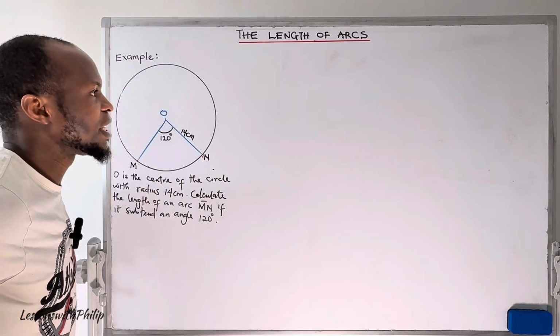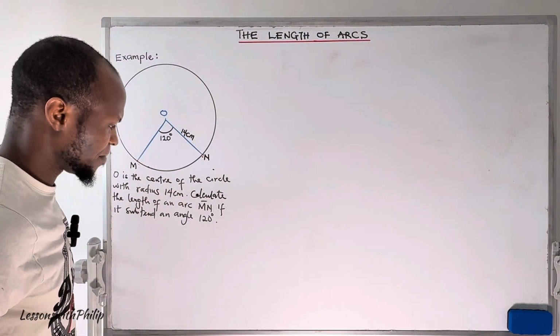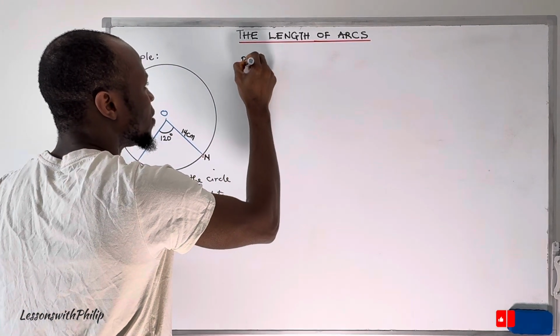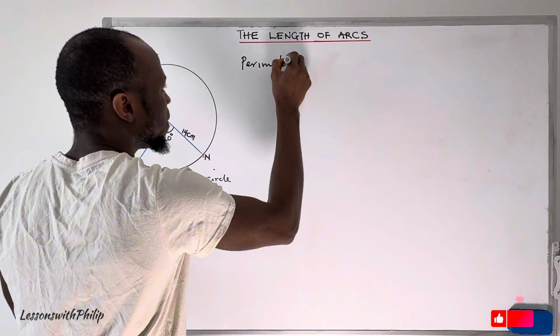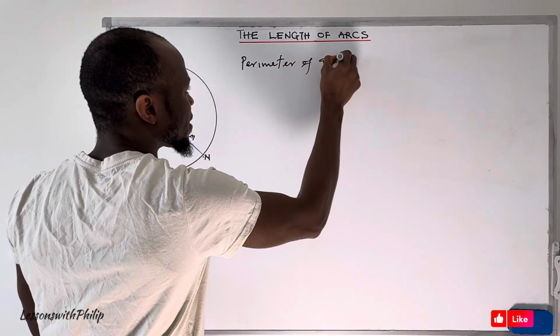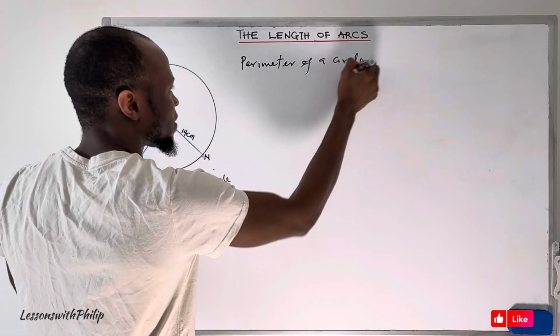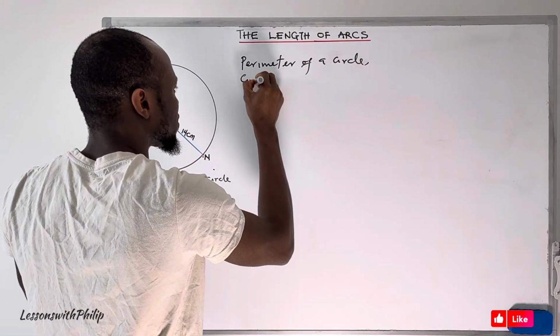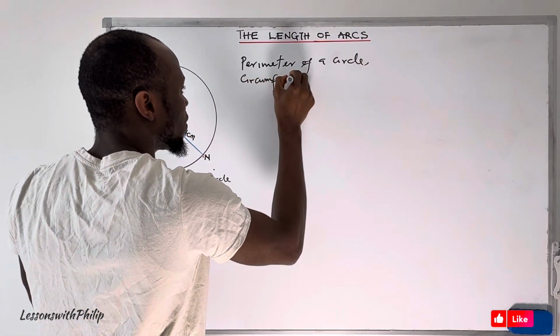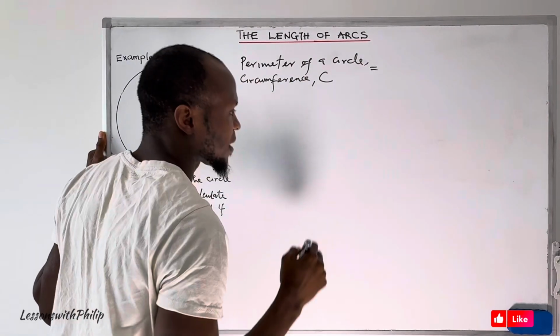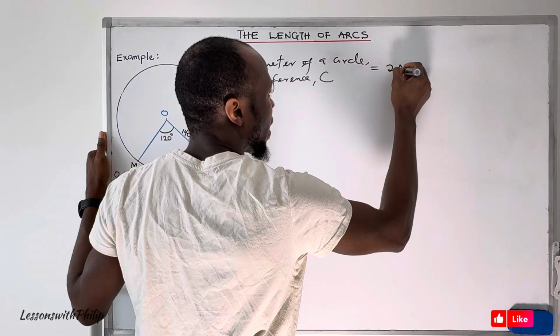Okay, now let's try to start from this. Perimeter of a circle. The perimeter of a circle, which is also known as circumference, is equal to, the formula says, 2 pi r.